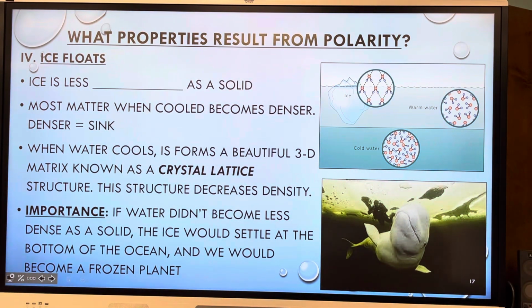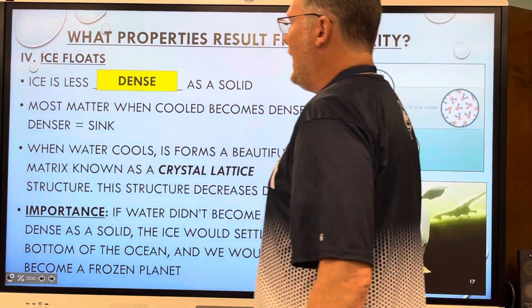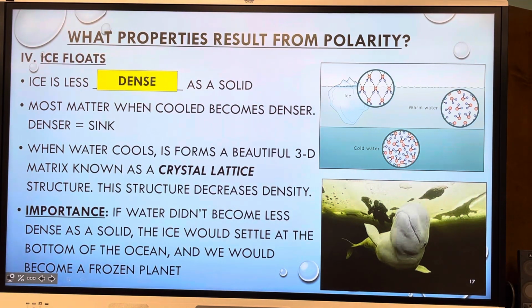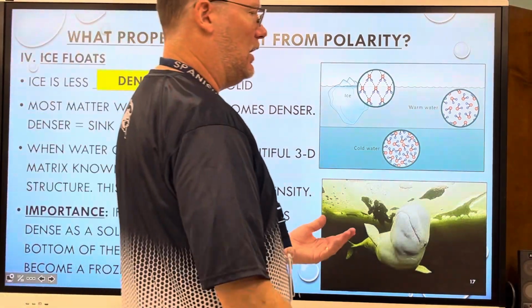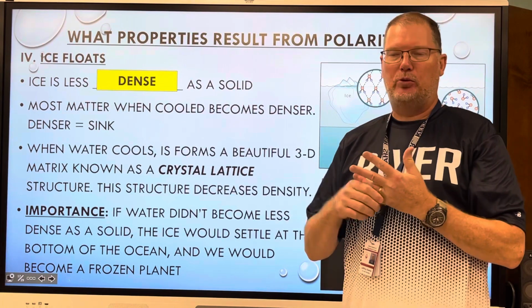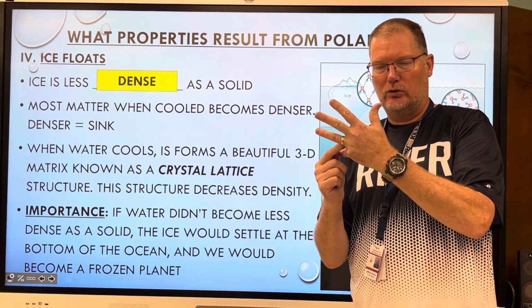All right, what other property results from polarity? Ice floating. Now, ice is less dense as a solid. Everything else that you can think of is more dense when it's a solid. If I had this gold ring, my wedding ring, for example, and I put it in liquid gold, would it float or sink?